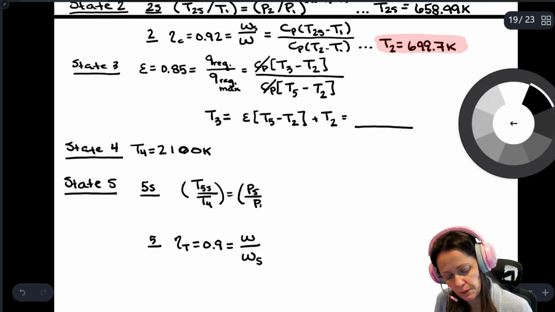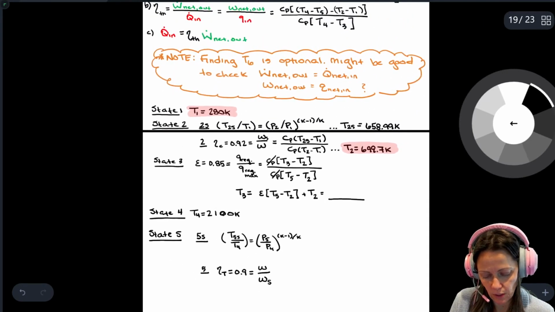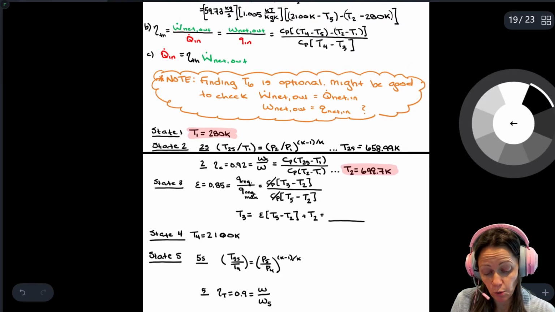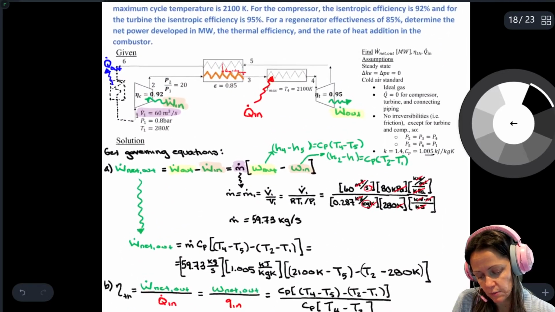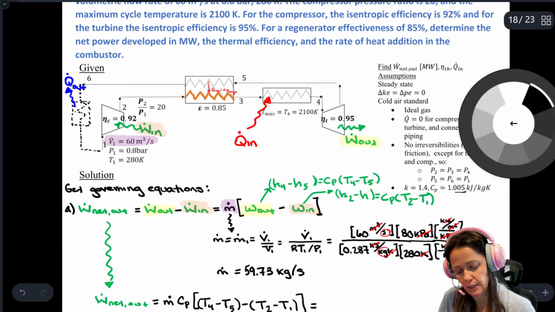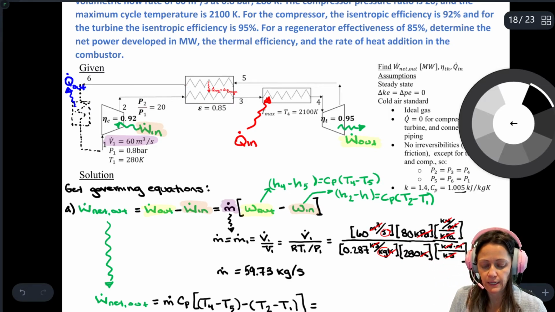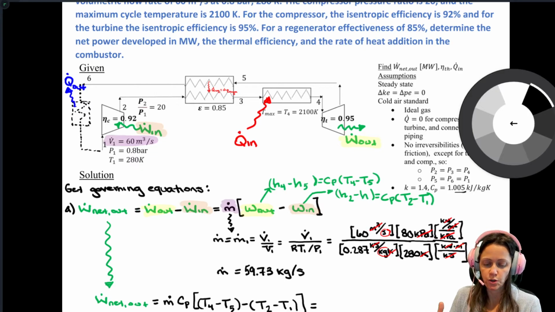All right, so this T5S is T4 times P5 over P4 to the K minus 1 over K. One thing I need to figure out: do I know P5 over P4? Is that given to me? It's not specifically, but I can look at where my pressures are equal to one another. One of the things about an ideal cycle is there are no pressure drops where you don't want them to occur.